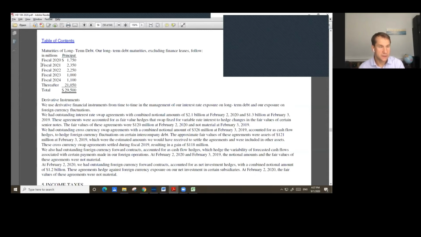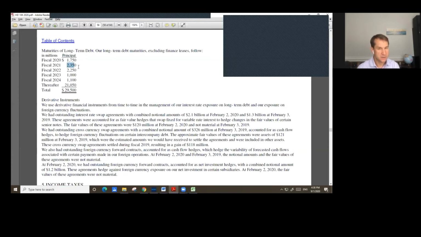So you can see that in fiscal 2020, which is calendar, so in fiscal 2021, they are expecting 2.35 billion of debt to mature.